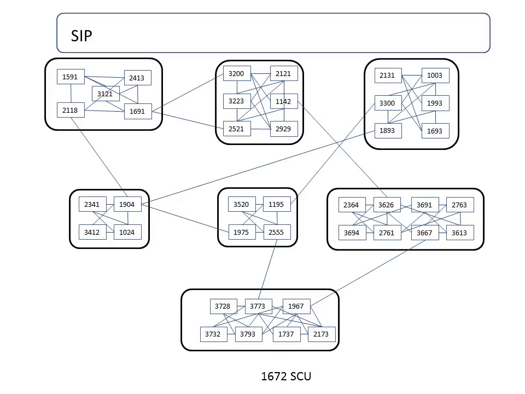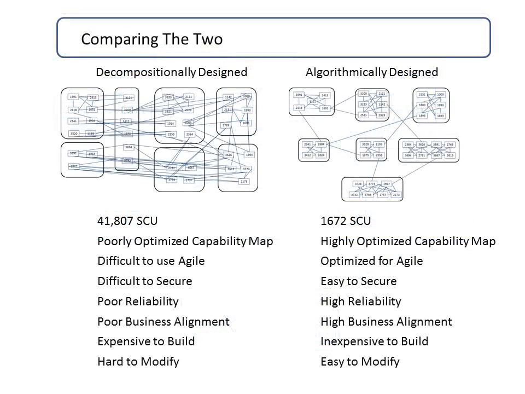Having completed the partitioning process, we can add in the dependencies and calculate the SCUs. If we compare the result of doing a decompositional design as opposed to an algorithmically driven design, especially using the SIP algorithms, we see a huge difference in the resulting complexity.